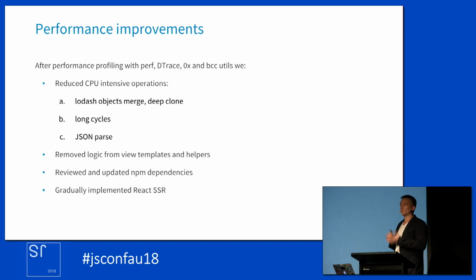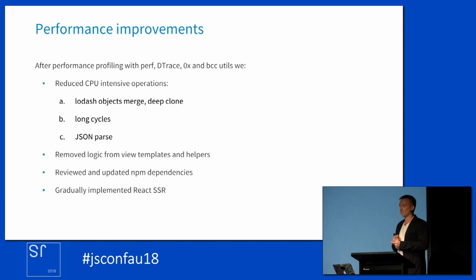And to improve that, we did performance profiling with perf, Xerox, and BCC tools, and we reduced CPU-intensive operations since they block our main process: long cycles, JSON parse, lodash object merge.